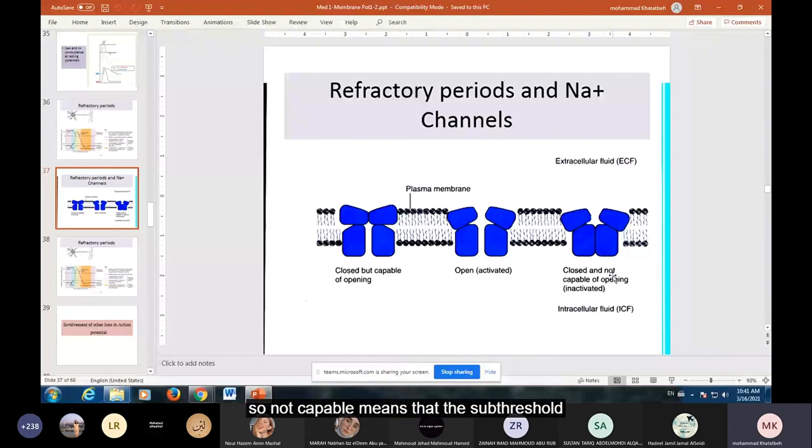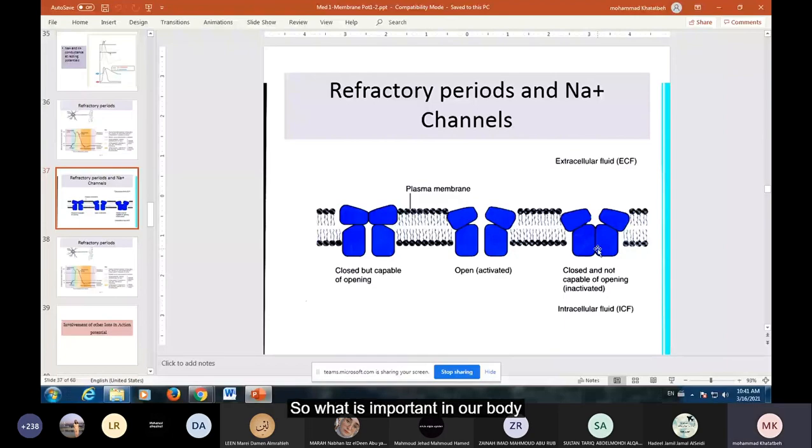So not capable means that the sub-threshold potential or the threshold potential, the change in the potential with the values of the threshold potential, for example, cannot cause them to open. But in the lab, much stronger stimuli can cause them to reopen again. But that happens in the lab, not in your body.